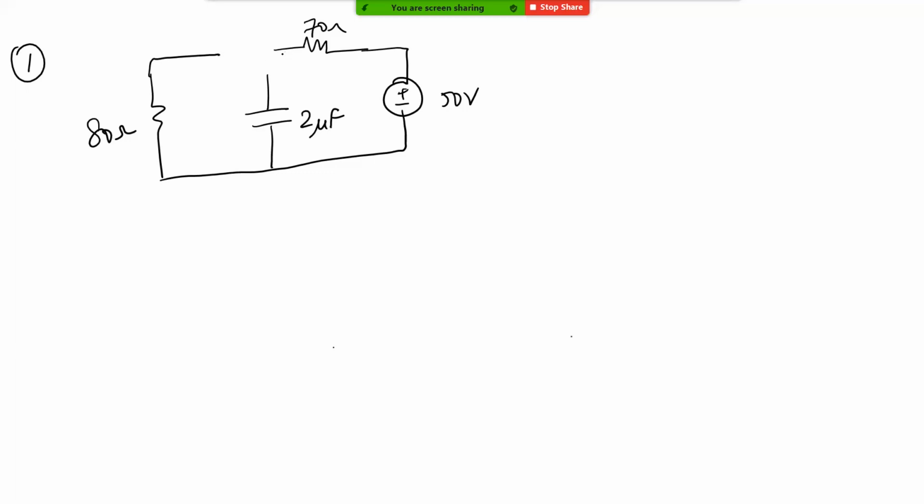Initially the switch is connected like this, and the switch moves in this direction at t equal to 0.